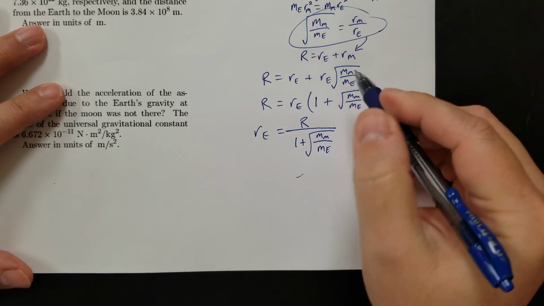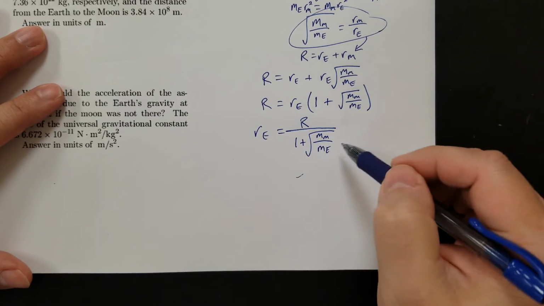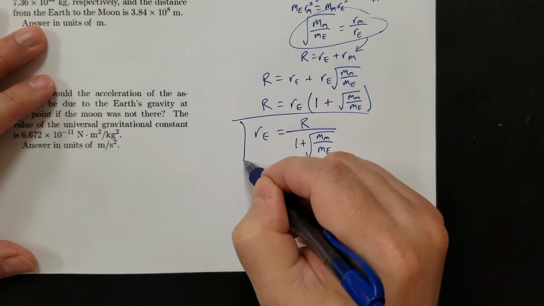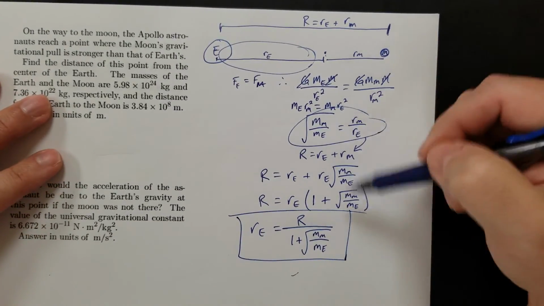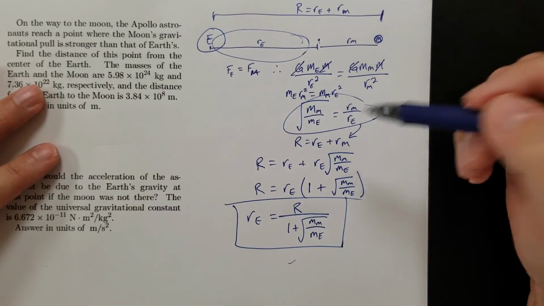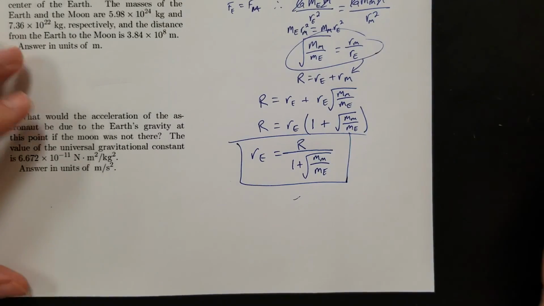So if you do that piece by piece, do that first, square root, 1 plus that, R over that. If I do that, that'll give me the distance. So not too bad, just doing a little algebra, taking two things that we know and plugging them into each other, kind of like all the harder problems, and solving for the distance between the Earth and the spacecraft.